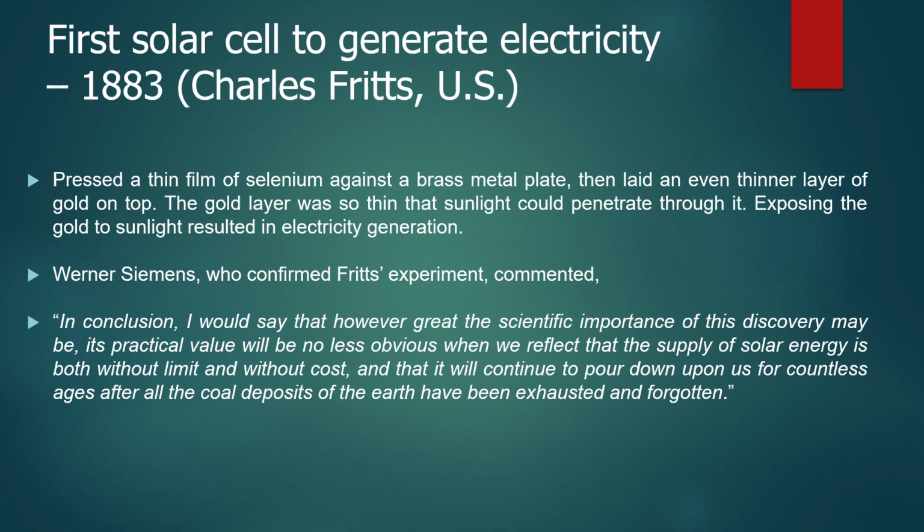The first solar cell to generate electricity was made in 1883 by Charles Fritts in the US. He pressed a thin film of selenium against a brass metal plate, then laid an even thinner layer of gold on top.